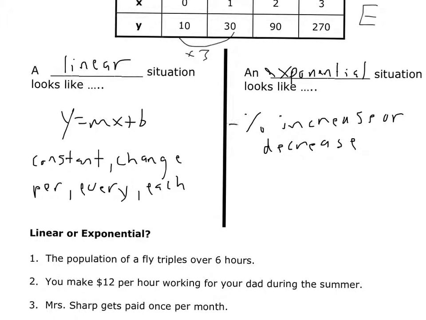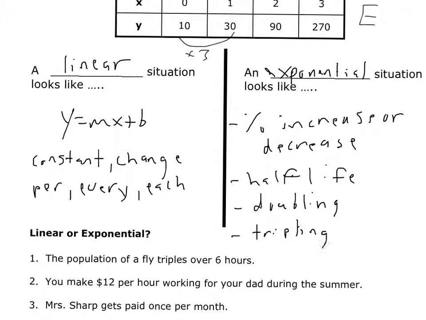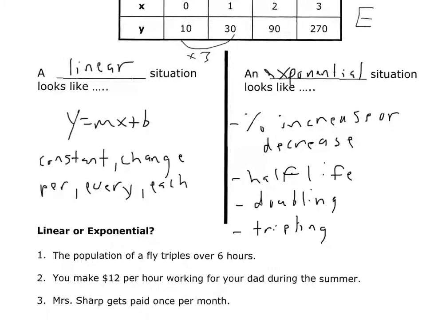If it talks about half-life, which is a science term you might be familiar with. If it talks about doubling or tripling. So if you have percent increase or decrease, half-life, doubling, or tripling, it's probably going to be exponential.